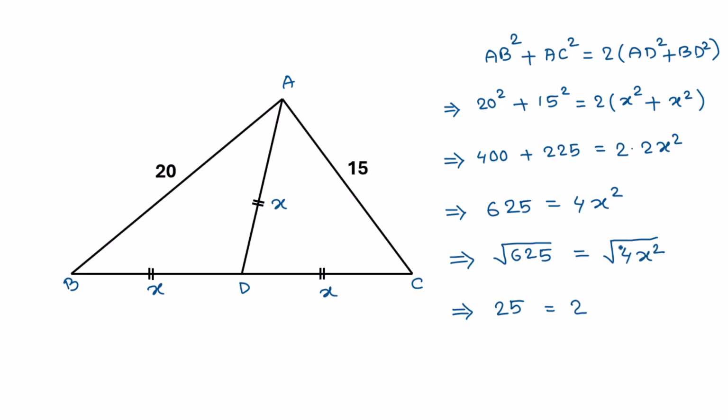The square and square root will cancel and it will be x. Now dividing both sides by 2, we will get the value of x. So x will be 25 divided by 2, so 25 over 2 is 12.5, and this is the length of x.